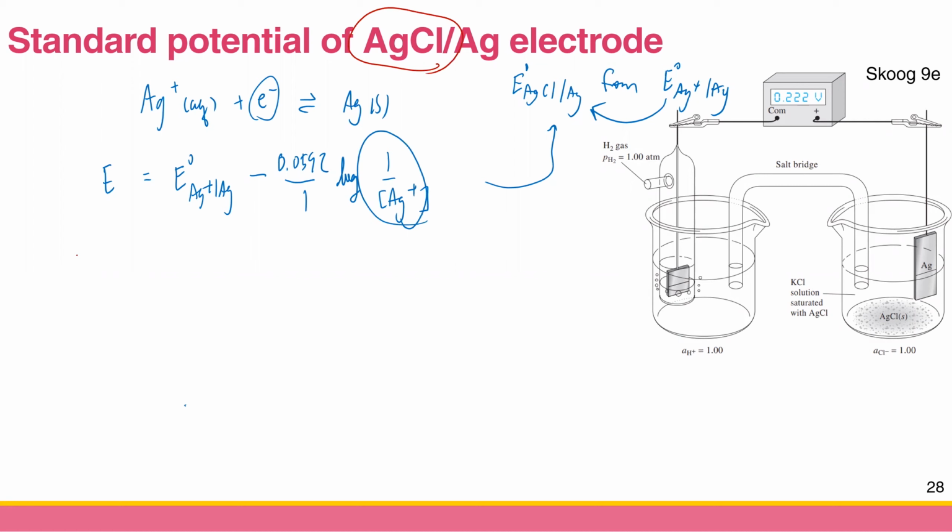So let's write the equation: silver chloride dissolves to give the silver ion plus chloride ion. When the silver chloride dissolves, it gives you the silver ion and chloride ion. So what is the Ksp for this one? It is the solubility equilibrium constant. So the Ksp of this one is what?